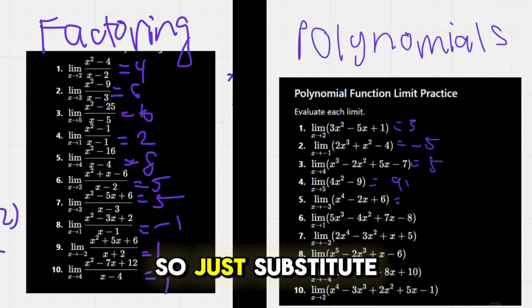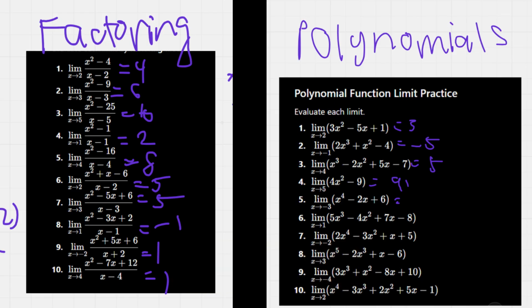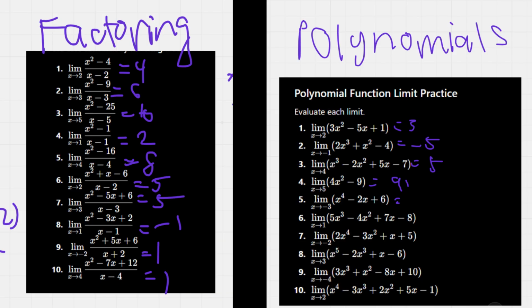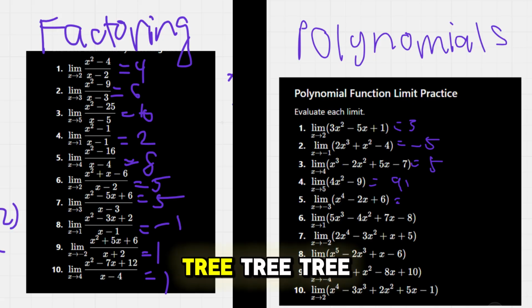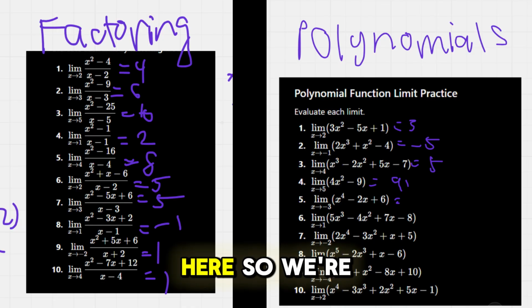So we just substitute. 2 squared, 4 times 3, 12. 5 times 2, 10. 12 minus 10 plus 1. It's going to be 3. Okay, so we have 3 over here. So we're correct.